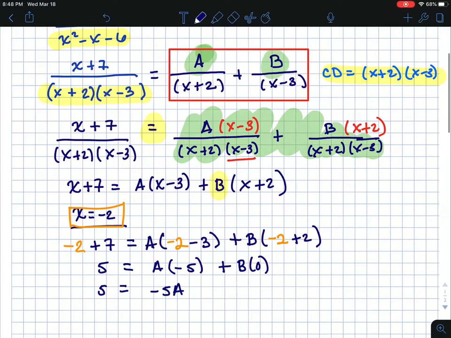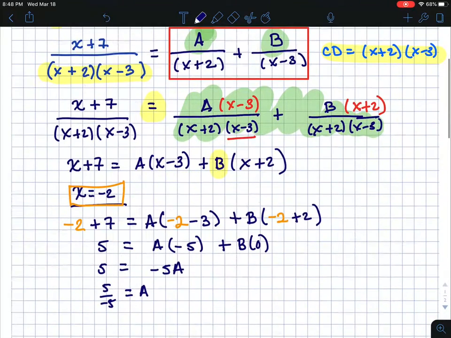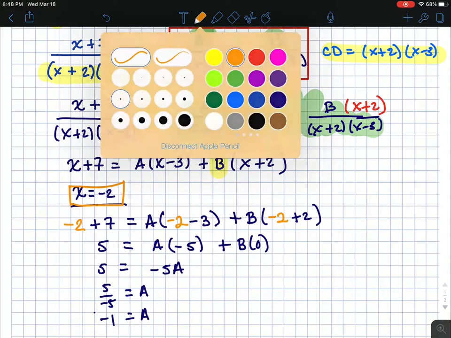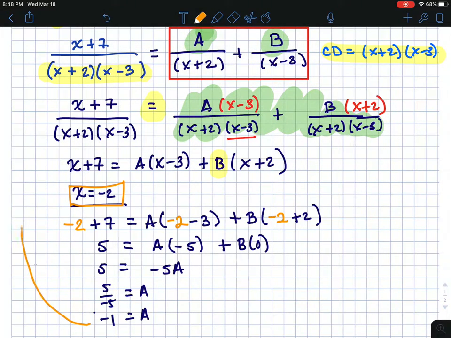And therefore, a is equal to 5 over negative 5, which will then equal negative 1. Okay. What we're going to do with this negative 1 is substitute it back in for a.